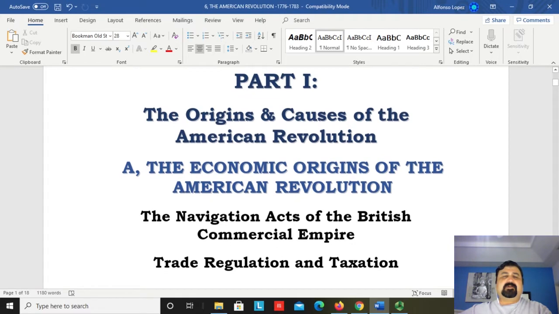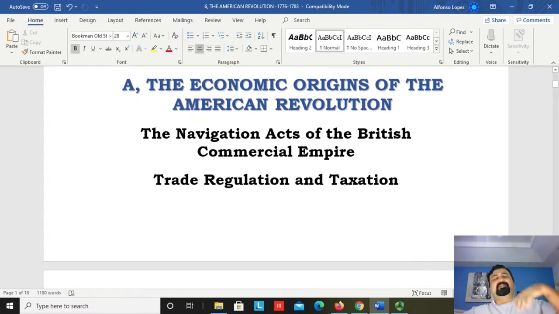So at some point, the British, as well as the other European empires that also established colonies in the Americas, like the Portuguese, the Spanish, the French, the Dutch, each in their own way was trying to regulate the trade with their own colonies.